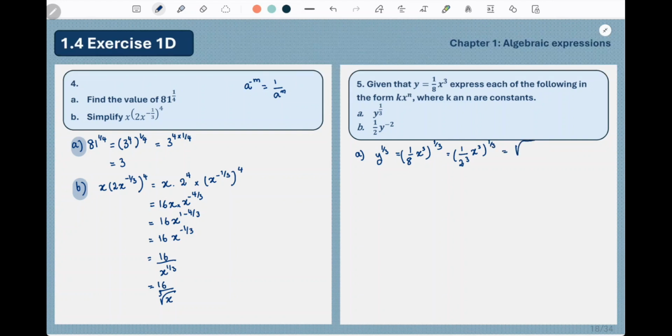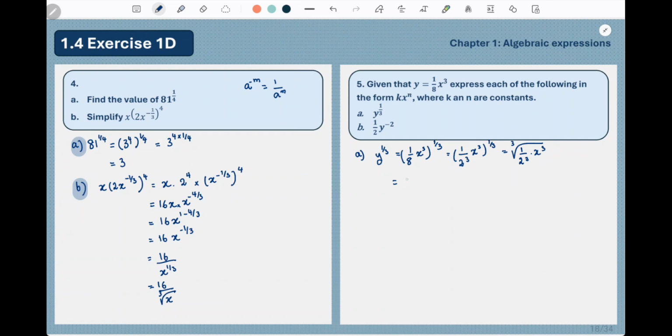So this is the same thing as saying this is the cube root of 1 over 2 to the power of 3 times x to the power of 3, okay? Can you see it? I'm just switching from this form to this form over there, and the cube root will cancel out any of those powers.